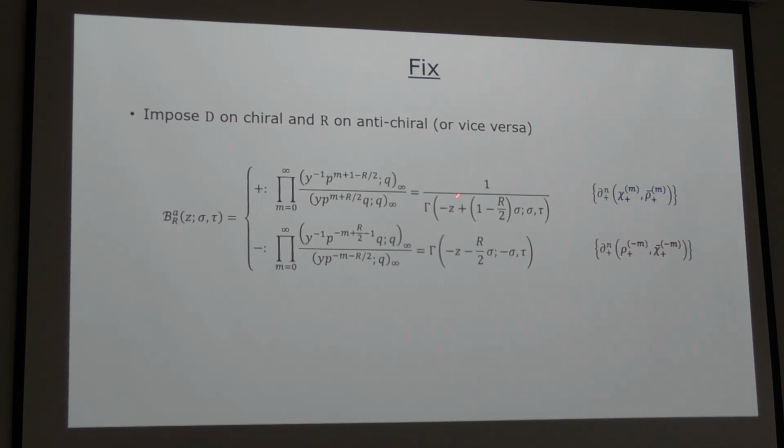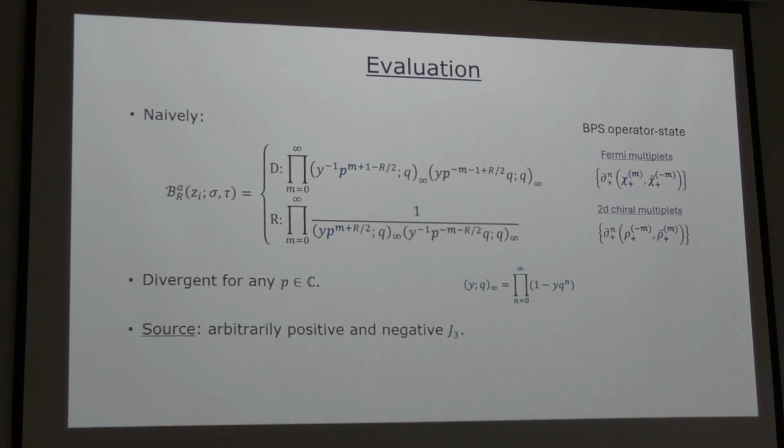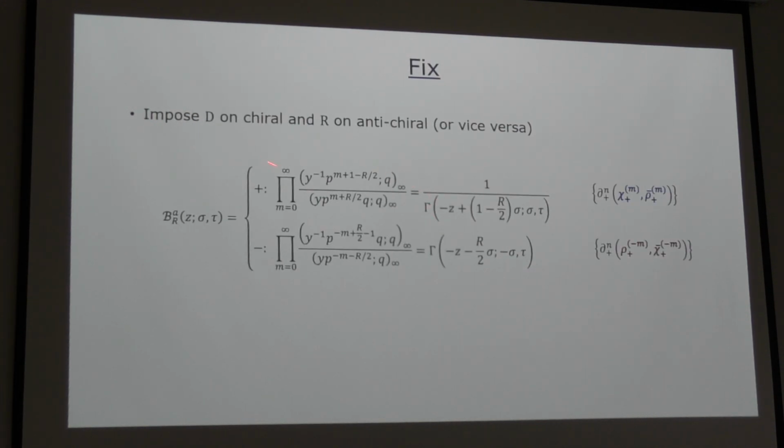something convergent. So here you see the contributions of the fermion to the 2D left-moving fermion and the 2D left-moving boson. There's an infinite amount of them, but in this case, because P has a positive power for both these cases, I actually get something convergent, and it is precisely this elliptic gamma function.